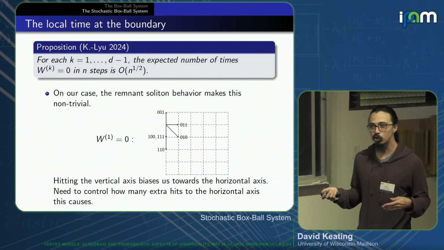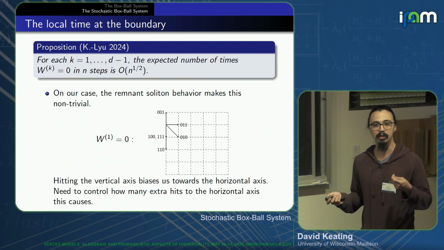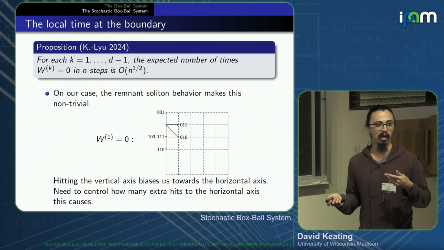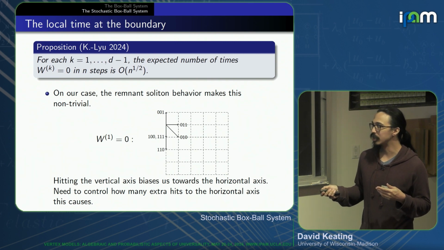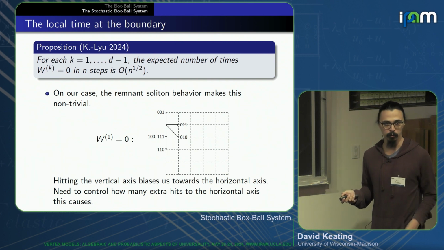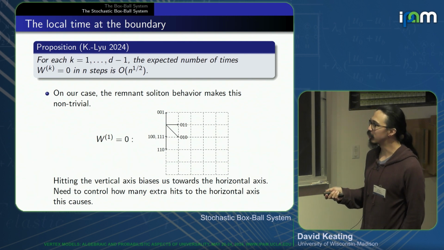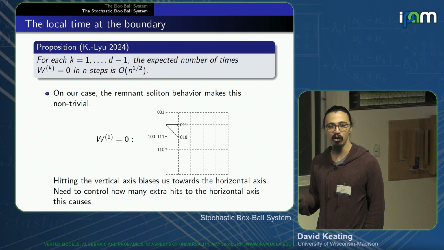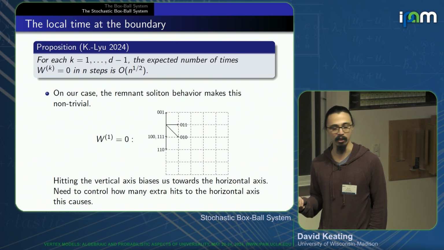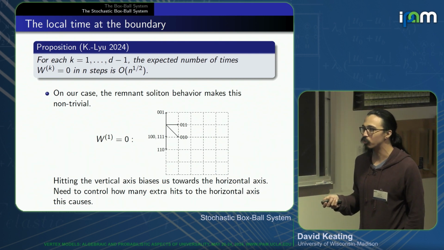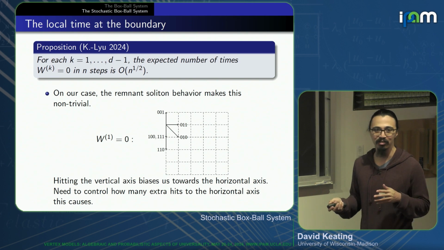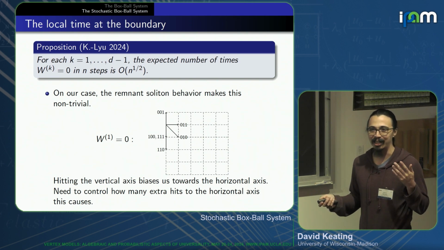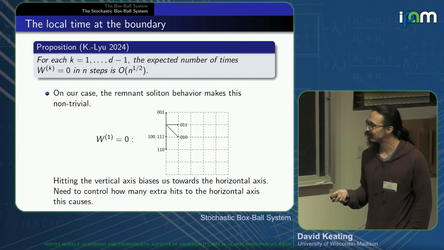So I have to be able to control the extra number of hits I'm getting to the axes from this bias. There's some combinatorial intricacy to bound the number of extra hits to the axis. I'd like to walk through that proof, because I think it shows a lot of the subtleties of the dynamics, and I like it.